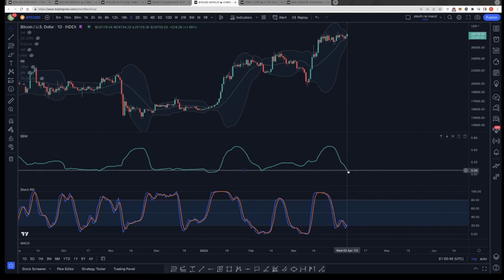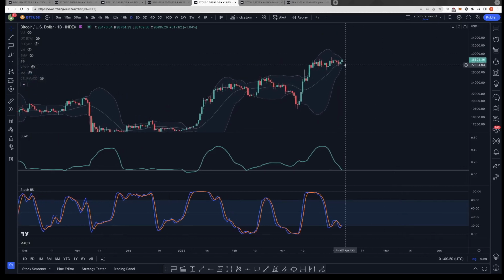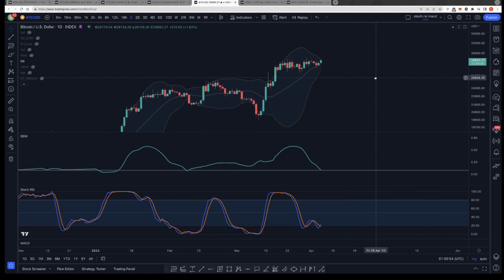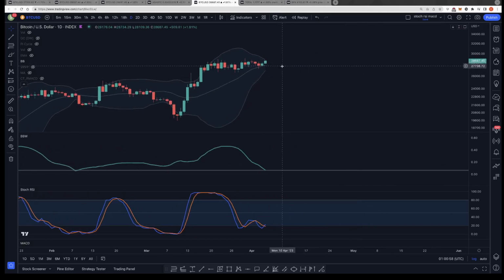And you can see we're real low right here. We're in a pretty tight squeeze, which would mean there most likely is some sort of a move coming pretty soon. And seeing as this candle just opened about an hour ago, that's a pretty good move for an hour.